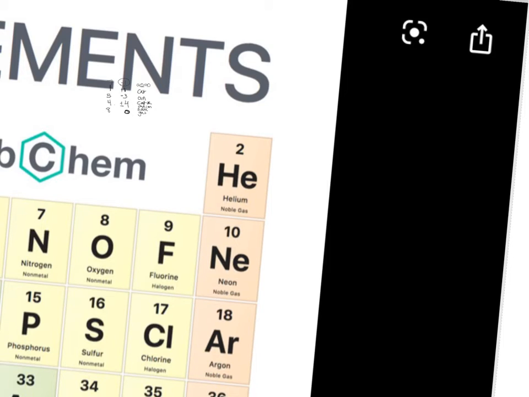S orbitals only hold 2 electrons, okay? So since this only has 1 s orbital and it has 2 protons, it means it has 2 electrons. It already has a full outer shell, which means it's pretty chemically inert. It doesn't need to do chemistry with anyone to be content and be happy. So that's why we put it in the noble gas column, because it behaves kind of like a noble gas because its outer shell is already full.